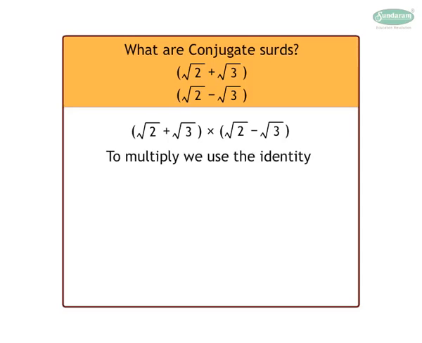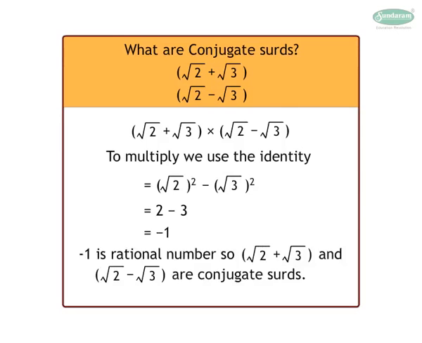To multiply, we use the identity a plus b into a minus b is equal to a square minus b square, which is root 2 the whole square minus root 3 the whole square, equal to 2 minus 3, equal to minus 1. Minus 1 is a rational number, so root 2 plus root 3 and root 2 minus root 3 are conjugate surds.